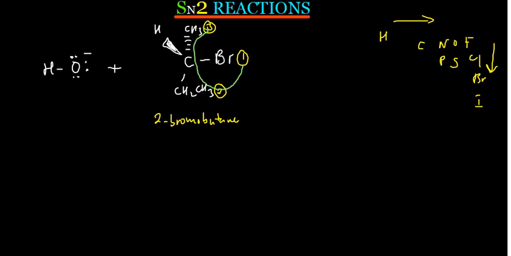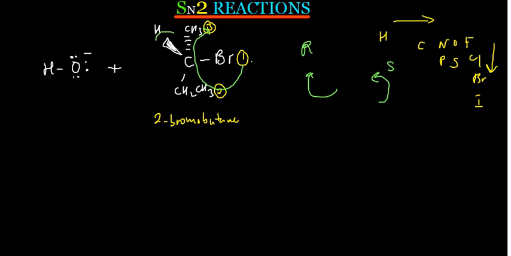You just connect the first 3, making sure that the fourth group is in the back. When something goes like this, it is going right, so this is going to be the R configuration. When something is going like this, it is called the S configuration. So just join the first 3 numbers, making sure the fourth group is in the back.